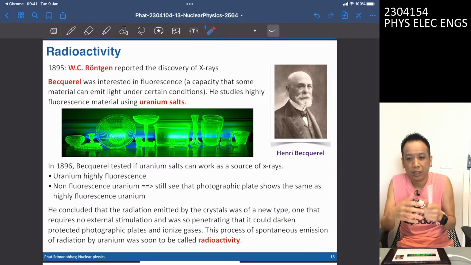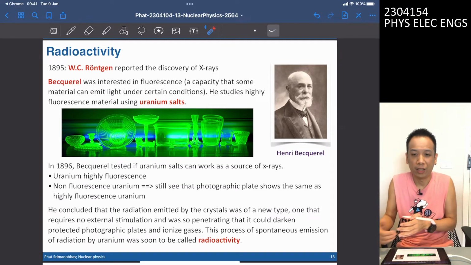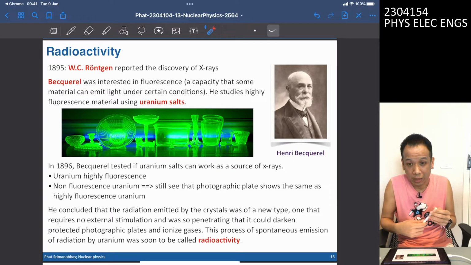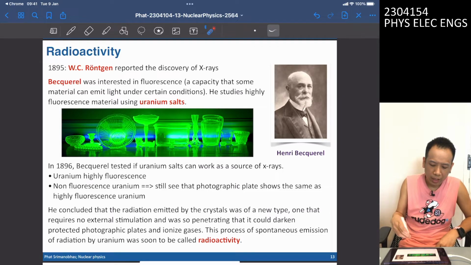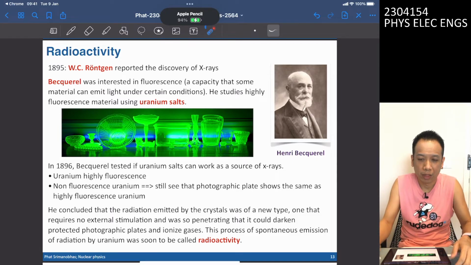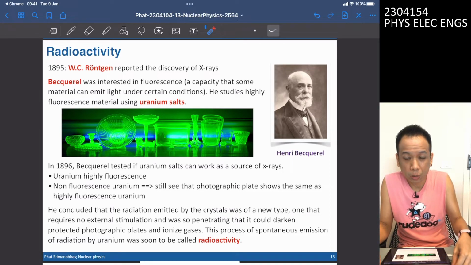For example, whether this fluorescence is basically X-ray or not. So he tried to study the similarities or differences between the fluorescent light he got from materials and the X-ray. So what he did is he chose a material, and at that time the material quite popular for making fluorescence was uranium salt. People didn't know about radiation at that time.